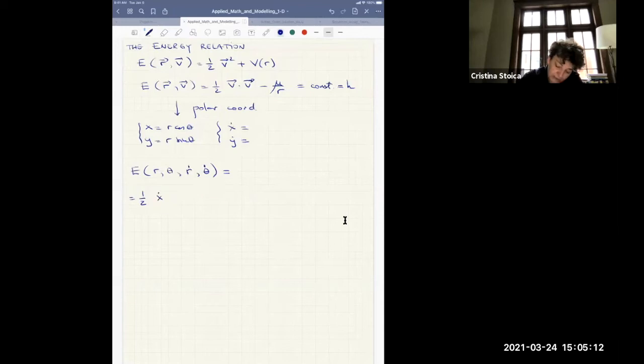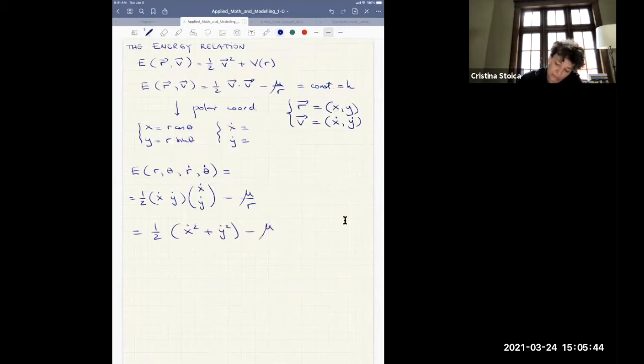So this would be x dot, y dot times x dot, y dot. We are in the plane, so this is one half x dot squared plus y dot squared minus mu over r.